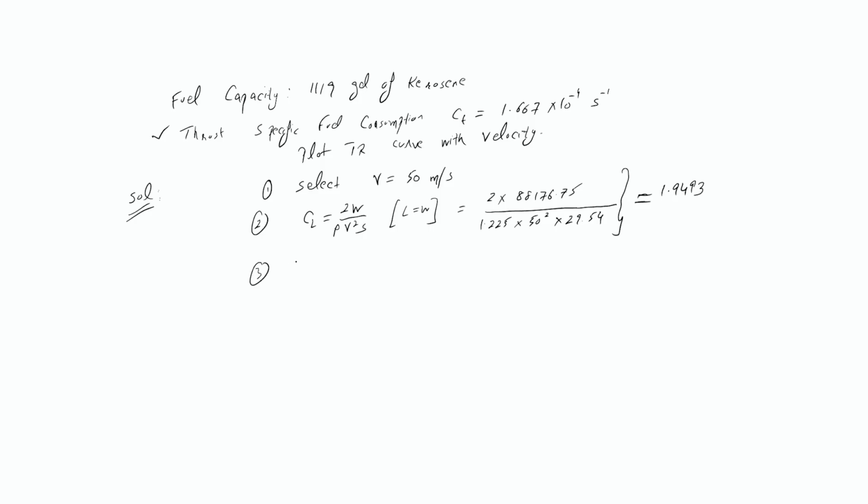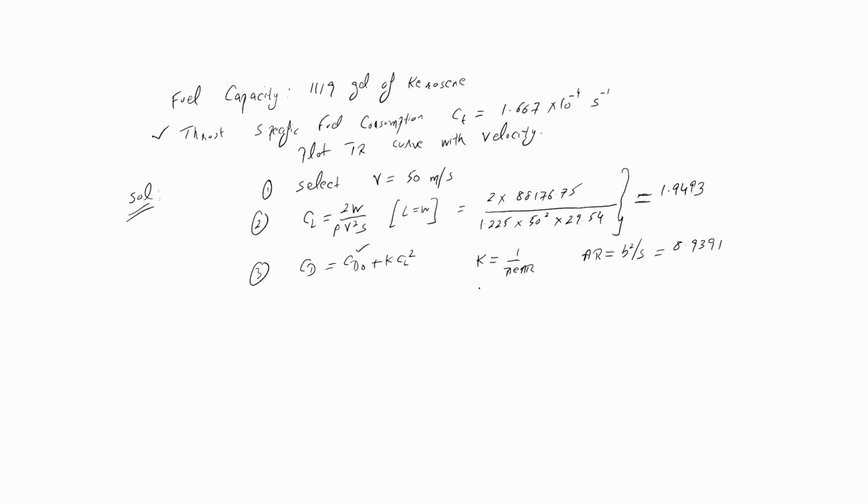Now we are done with the second point. Third point is finding CD. CD was CD naught plus K CL square. Here CD naught is given to us. You have to just find K. K equals 1 by pi e AR. So aspect ratio you have to find. Aspect ratio equals b square upon S. This comes out to be 8.9391.